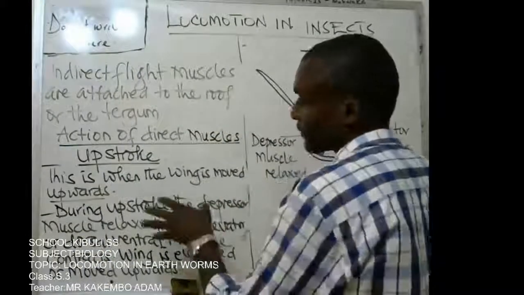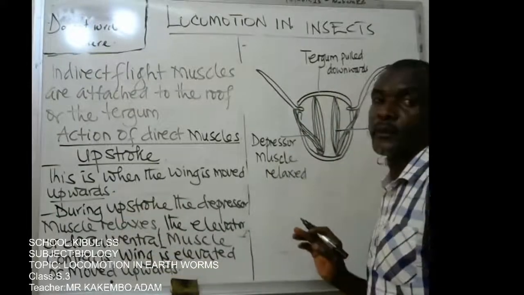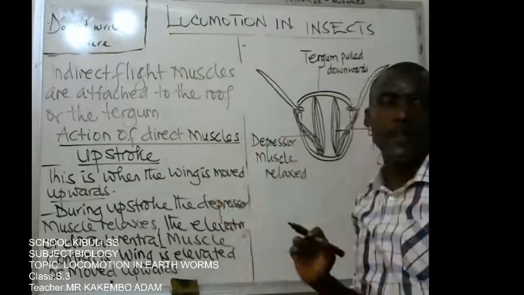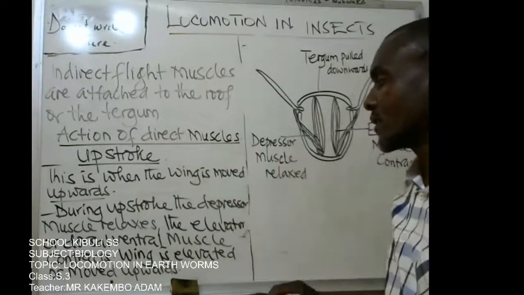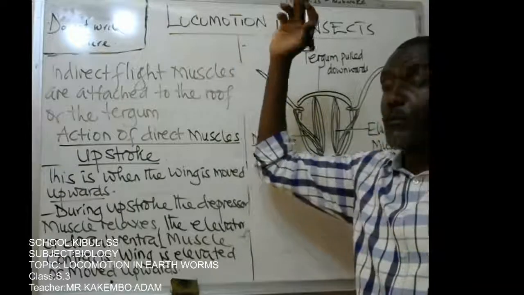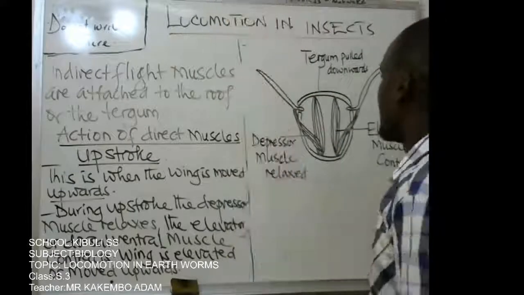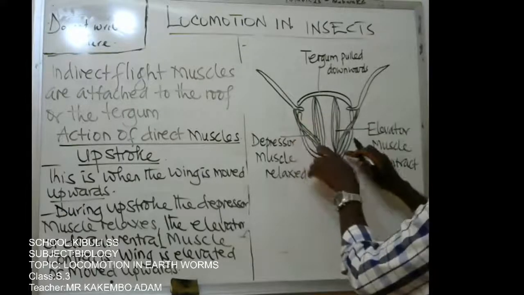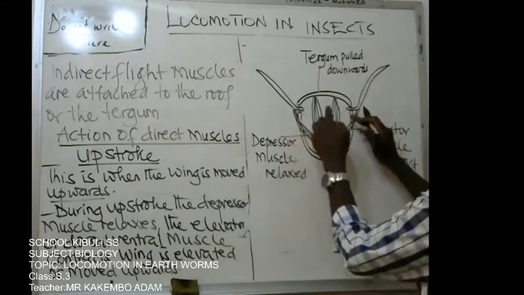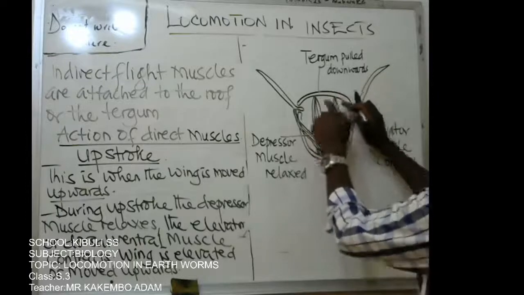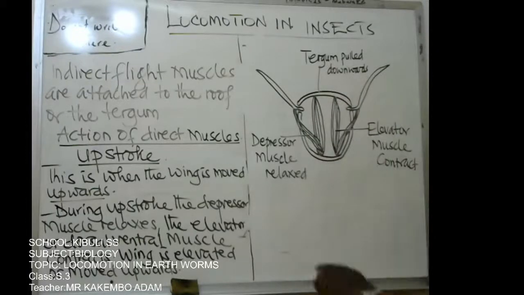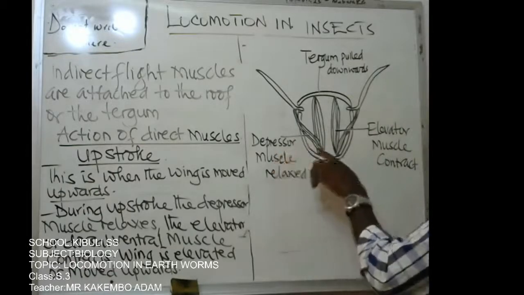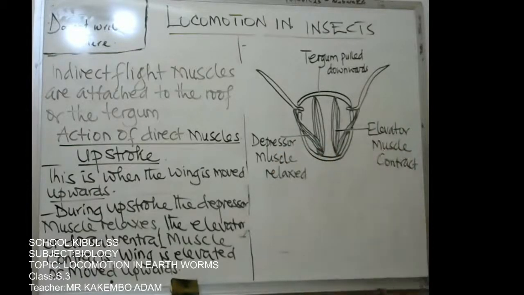So during upstroke, the raising of the wing, the depressor muscle relaxes, the elevator muscle contracts, and the wing is moved upwards. The position and attachment of those two direct flight muscles is very important.